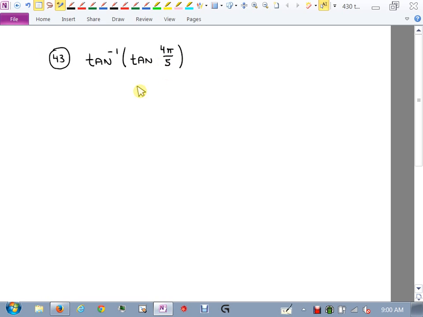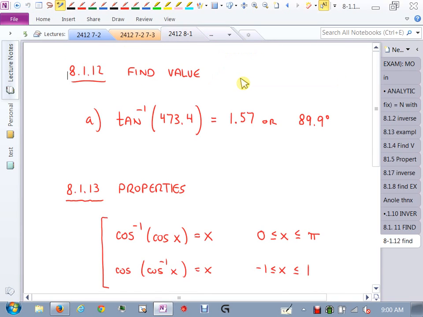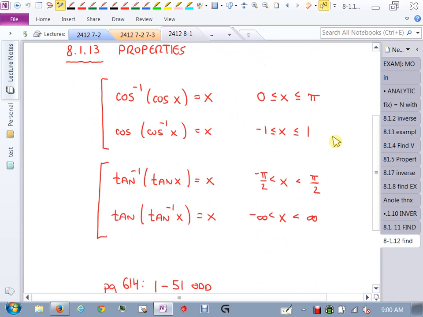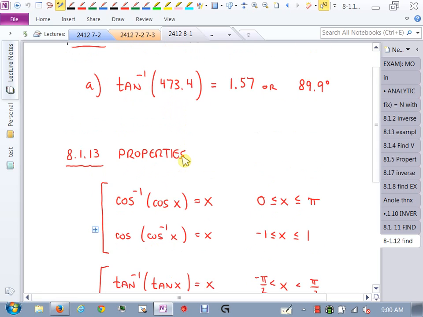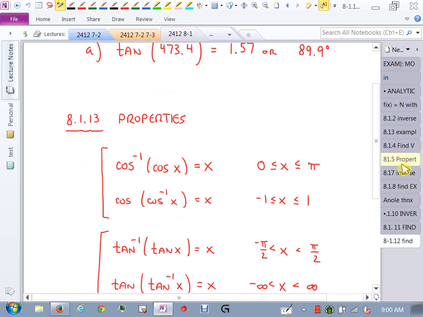Here's the deal. At the very end of last class, I summarized the properties for the inverse trig functions. We did cosine inverse, and sine inverse, which is on a prior page, somewhere before this.